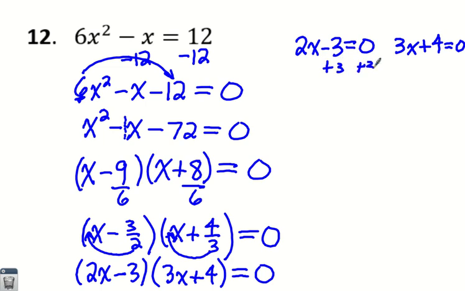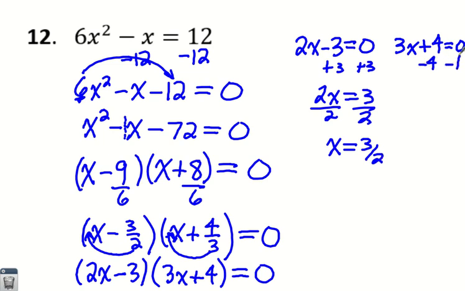Solving these really quick for x, we get 3/2, which is 1.5 as a decimal, an exact decimal, so that's fine with me. And over here we get negative 4/3, which is a nasty decimal, so we want to definitely leave it as a negative 4/3.